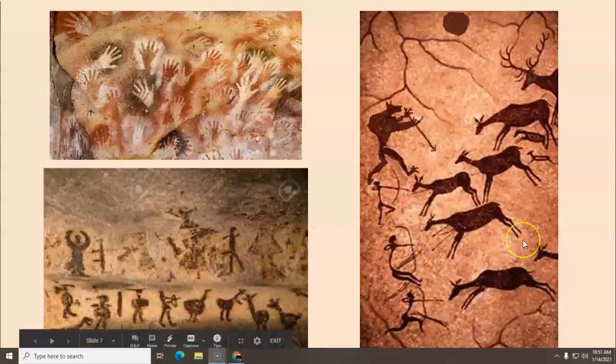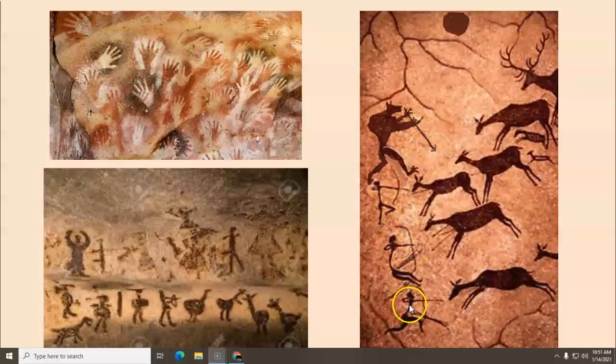And on the right, you have one of the hunting petroglyphs that show a herd of elk and hunters with bows and arrows. And then the mighty hunter, which could be a person, it could be a leader, it could be a representation of one of their gods. We don't know. But do notice it has a wolf head, and it's holding a spear.